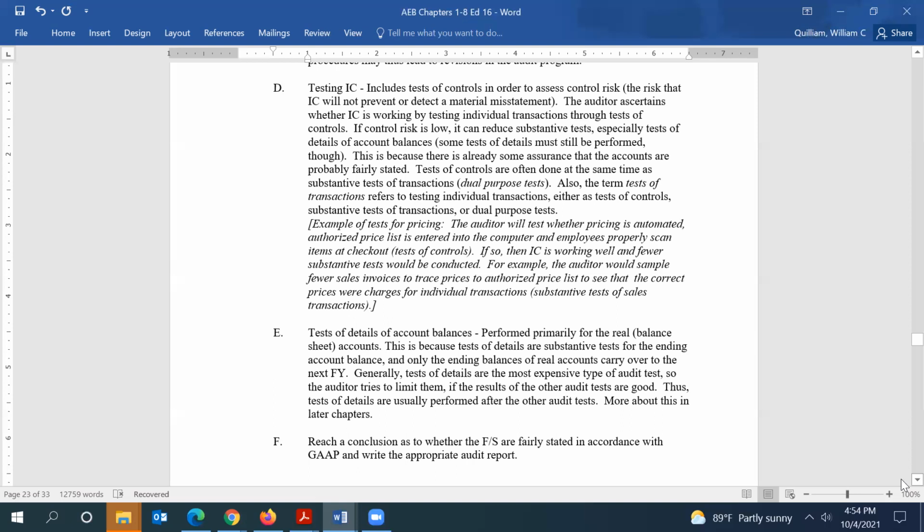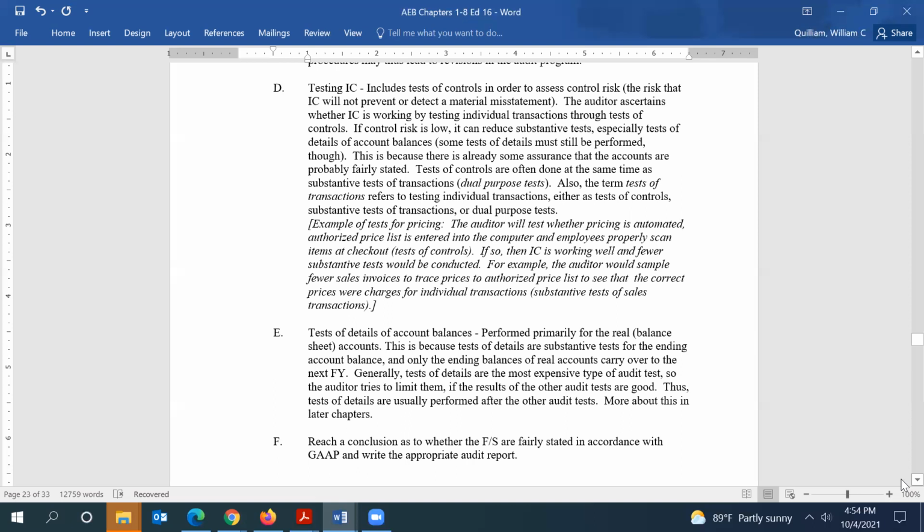They get to be expensive. So lower control risk can save that client a lot of money. Again, that's because there's some assurance already that the accounts are probably fairly stated.